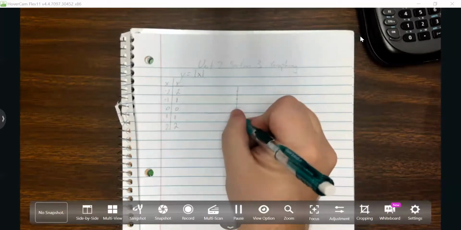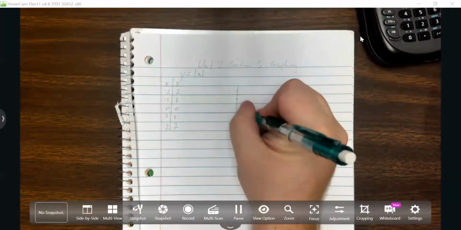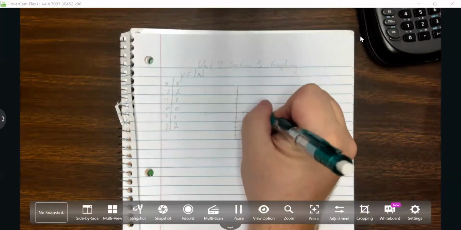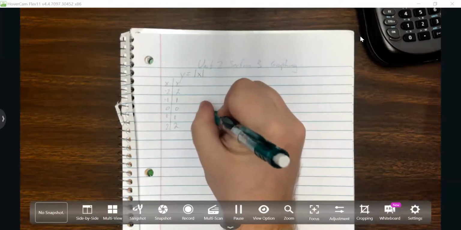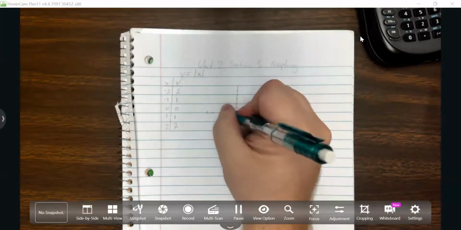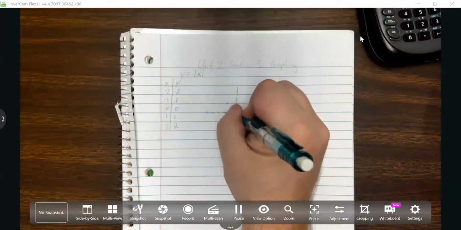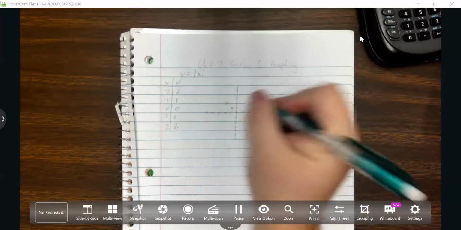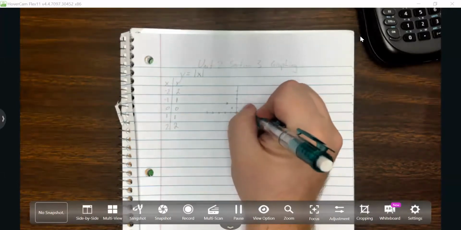I can go ahead and plot these points that we have and see what this basic graph is going to look like. So -2, 2, -1, 1, 0, 0. Notice we're getting a perfectly straight line here. 1, 1, and 2, 2.